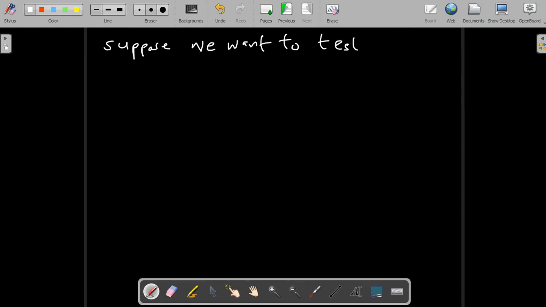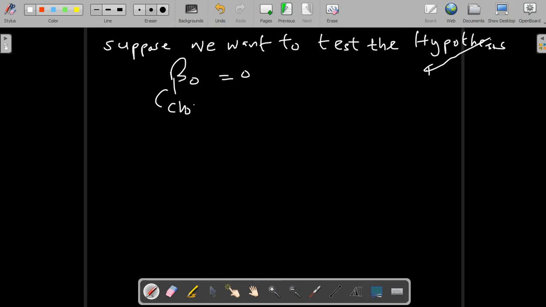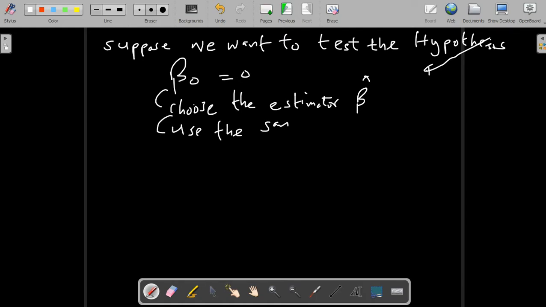Now suppose you want to test the hypothesis that beta naught is equal to 0. Choosing the estimator of beta, you use the sample data to obtain the estimate of B, which, for example, we assume is equal to 1.00.